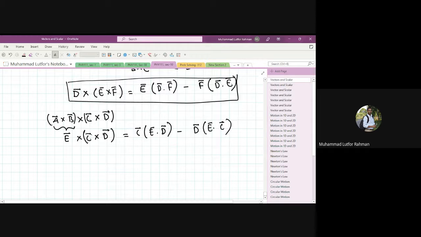So that's how we can find the cross product of more than 2, 3 or 4 vectors. That way you can find the multiplication of those vectors.